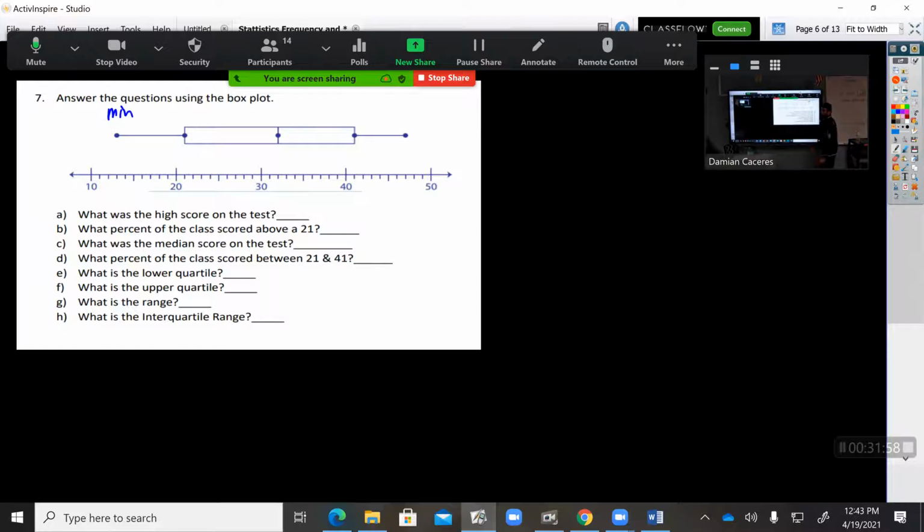The first dot is your minimum value. The last dot is your maximum value, minimum, maximum. The line in the middle of the box is the median. The left side of your box is lower quartile. The right side of your box is upper quartile.